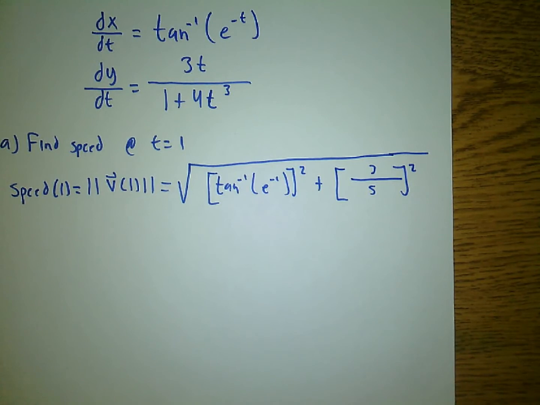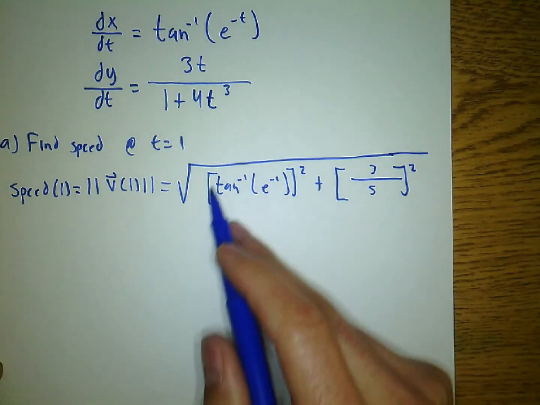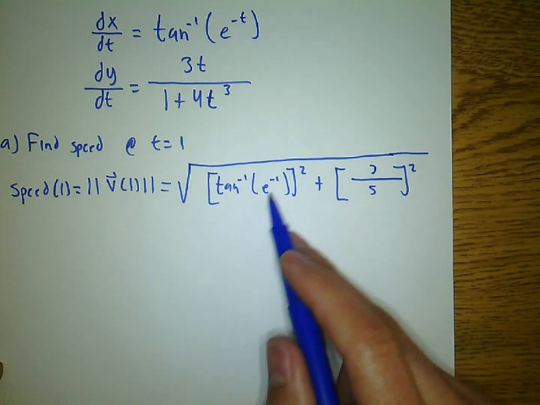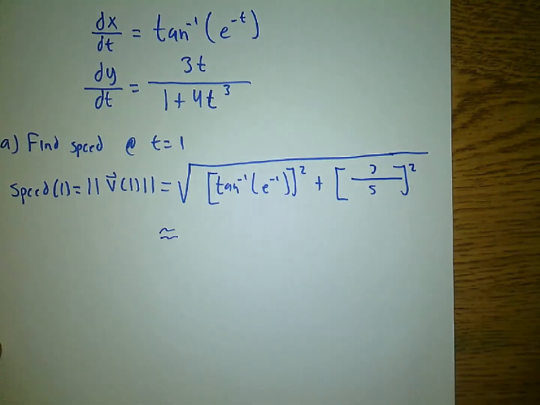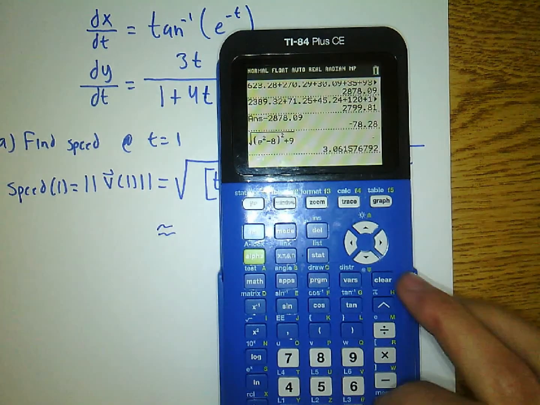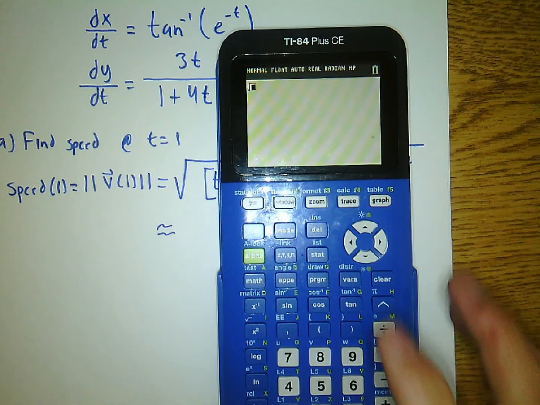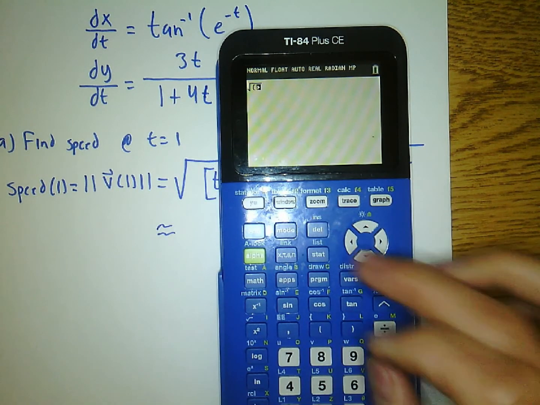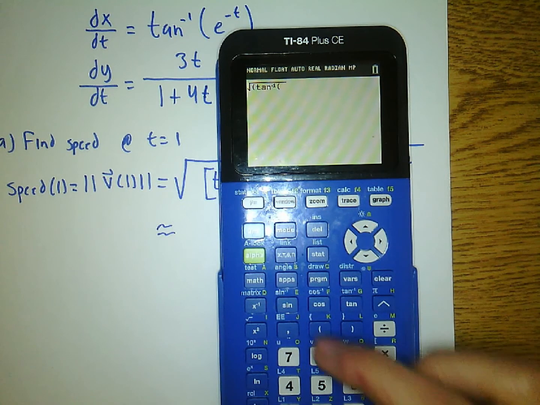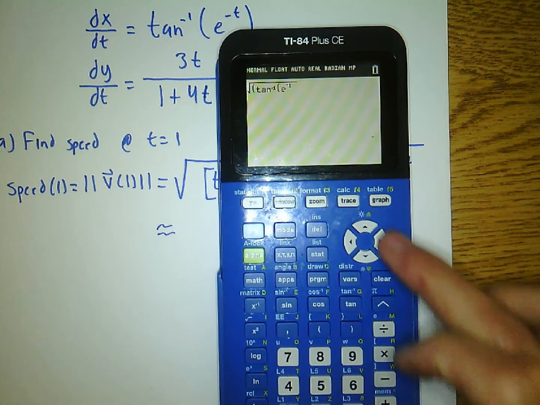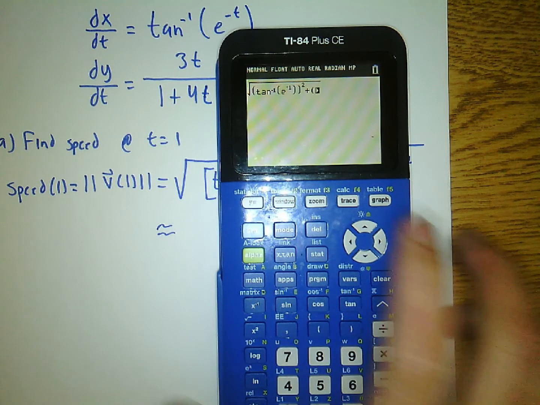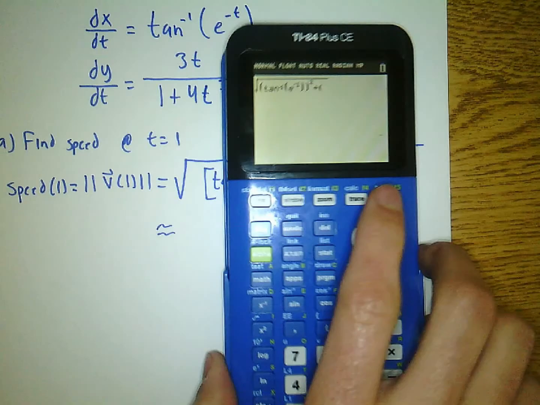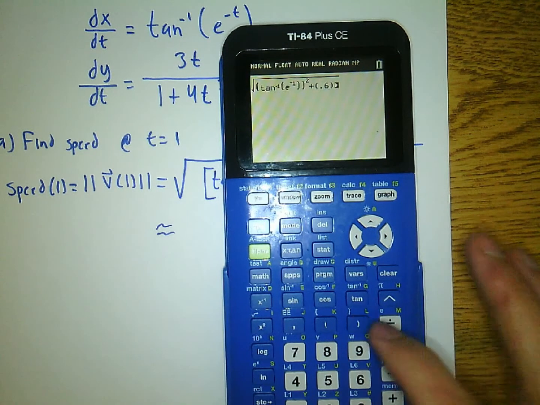I don't know what inverse tangent of e to the negative 1 is, so we're going to use a calculator to get an approximation. So I'm going to do the square root of, parentheses, inverse tangent of e to the negative 1, and then I've got to square that, plus 3/5, so 0.6, squared.